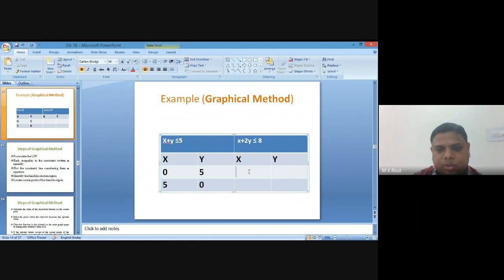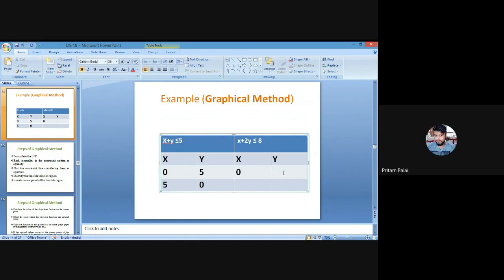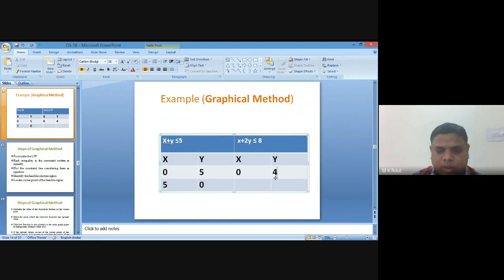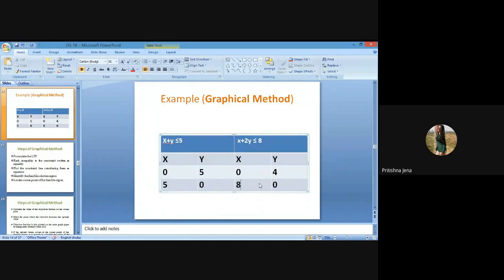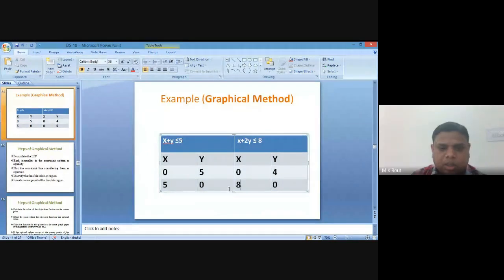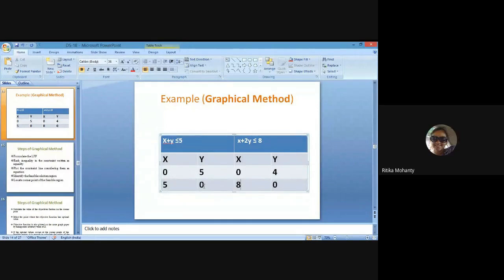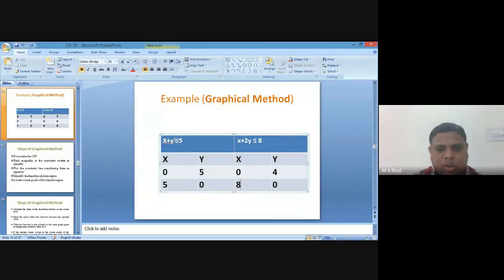Next one, if x is equal to 0, what is the value of y? 4. If y is equal to 0, what is the value of x? 8. Clear? So how many points you got? 0, 5, and 5, 0 in case of equation 1.